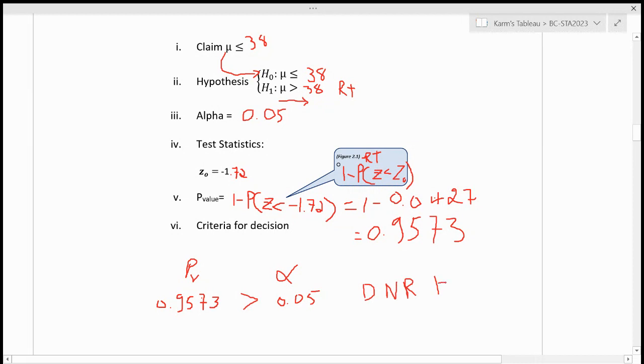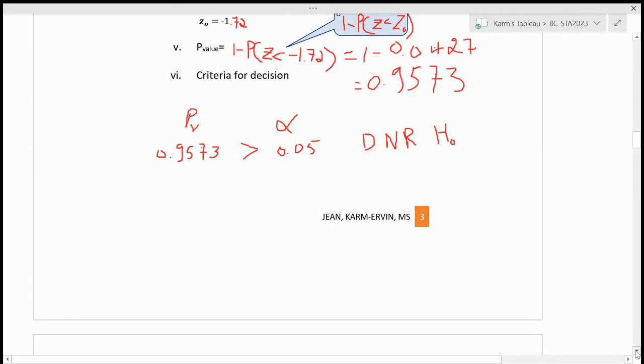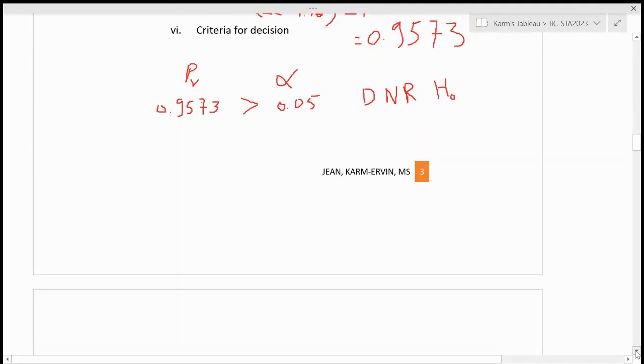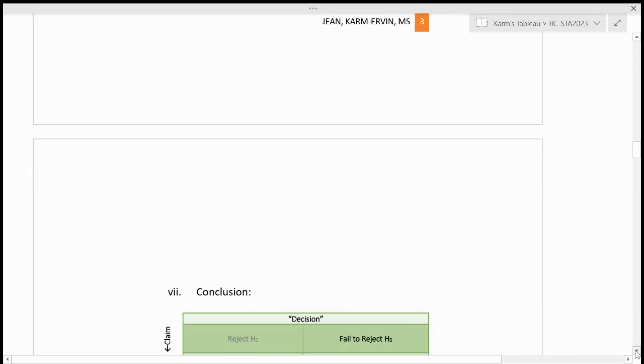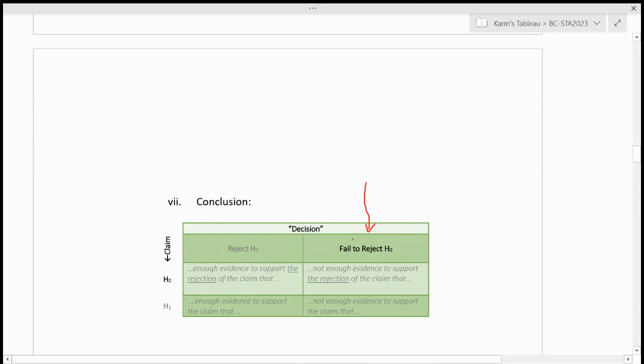Now, because I say do not reject H0 or fail to reject H0, yes, because it's greater than, that's what the definition says. I will have to be in the second column. We say fail to reject H0 or do not reject H0, they mean the same thing. Remember that the claim was with H0.